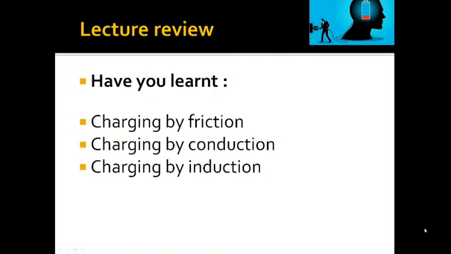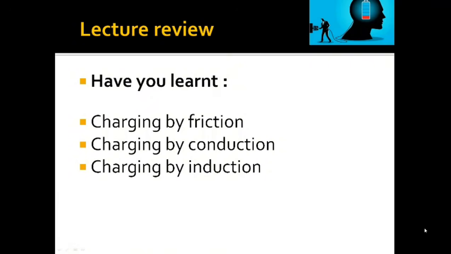The one that gains the electrons becomes negatively charged, while the one that the electrons were rubbed off from becomes positively charged. And I gave you an example. You can also go through this lecture again for better understanding.